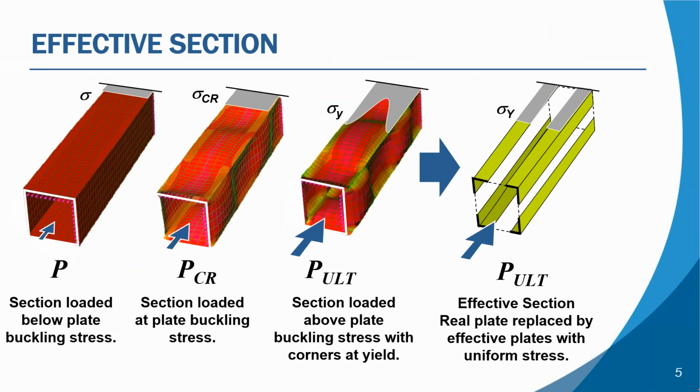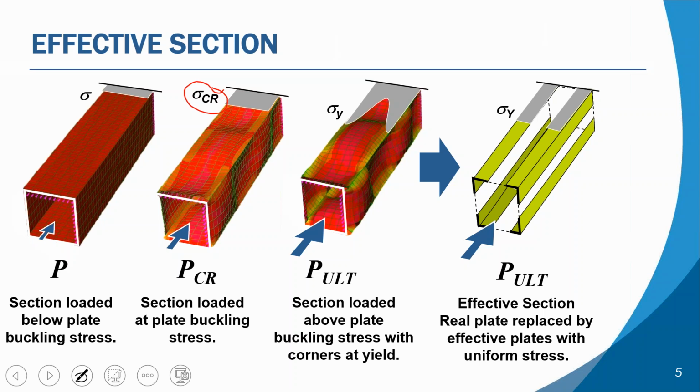Okay, so again, there's a lot more theory that I haven't talked about. In the presentation there were 3 references given. Those go into a lot of detail, but the questions are twofold. First of all, what is the value for sigma CR? When will a plate buckle?